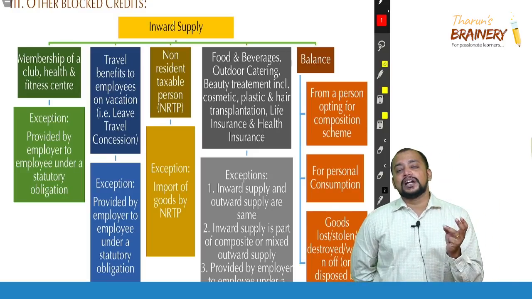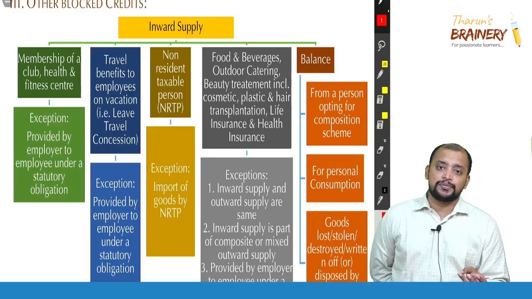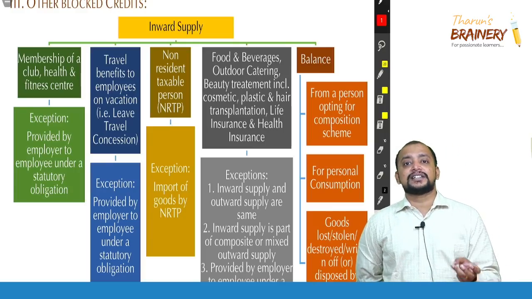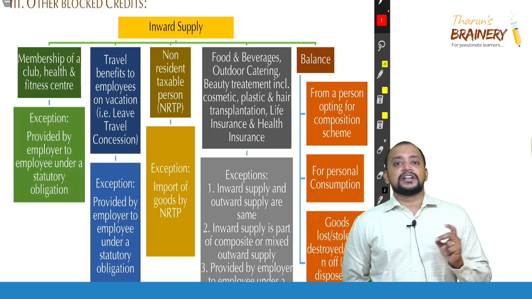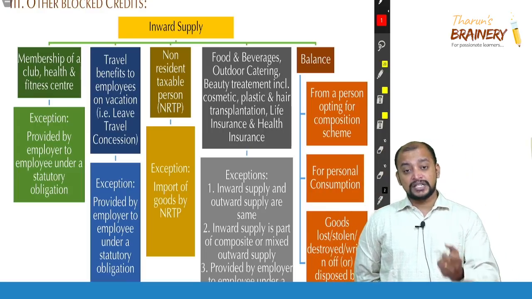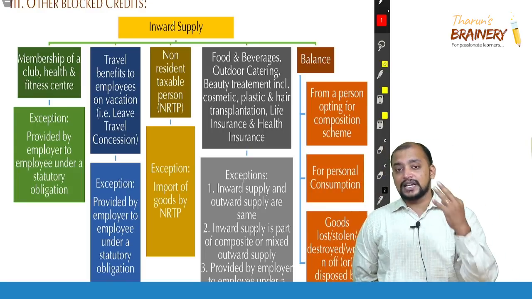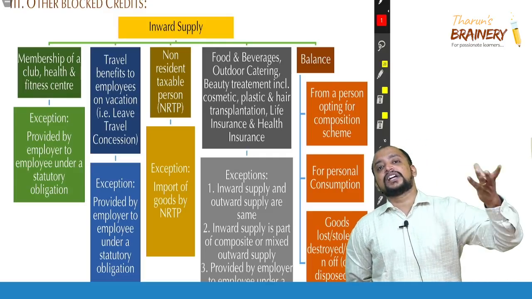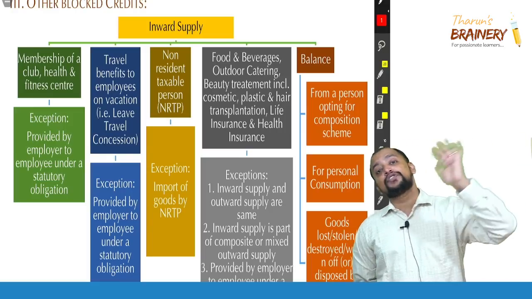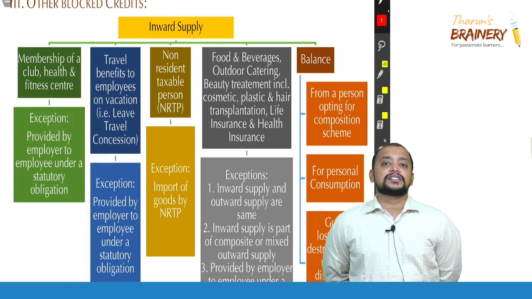Beauty related means beauty treatment, cosmetic, plastic surgery, hair transplantation. And number 3 is insurance, that is health insurance and life insurance. For these three categories of services, the GST paid on whatever we receive cannot be taken as credit even though it is for business purpose. But there are exceptions to this.